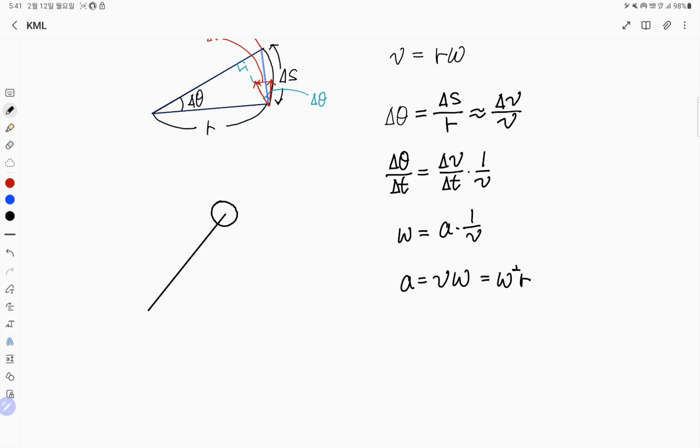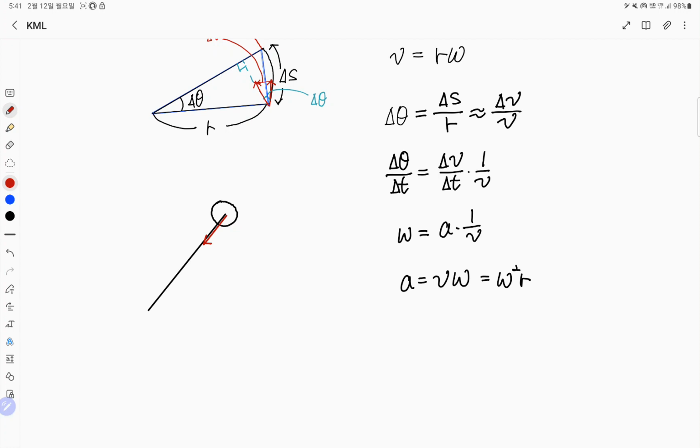So when there is an object, it will have this centripetal acceleration toward the center.